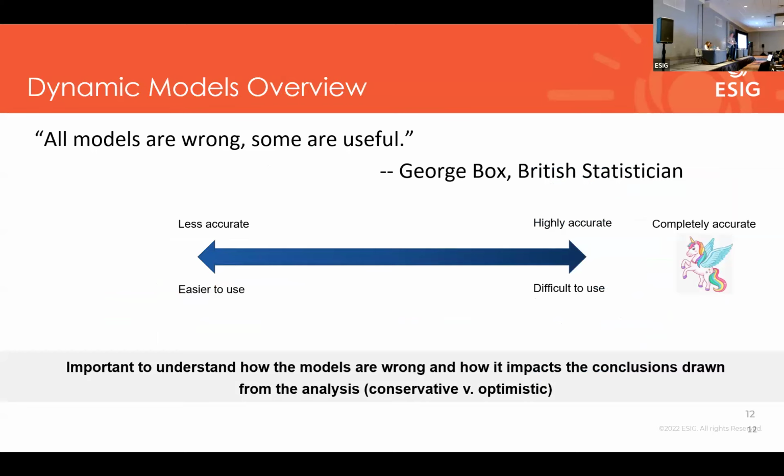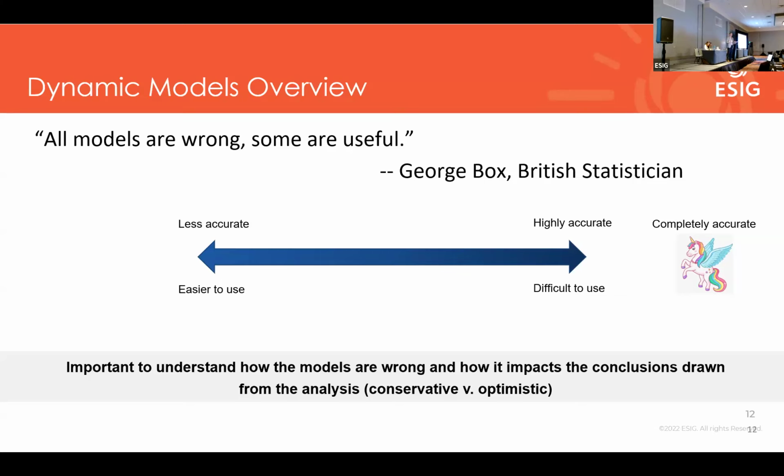Tying this into the modeling a little bit more, starting with level setting here, dynamic models: all models are wrong, some are useful. I think this is a great quote. It hits the nail on the head, and it helps us understand that there's a continuum of models and model software tools.